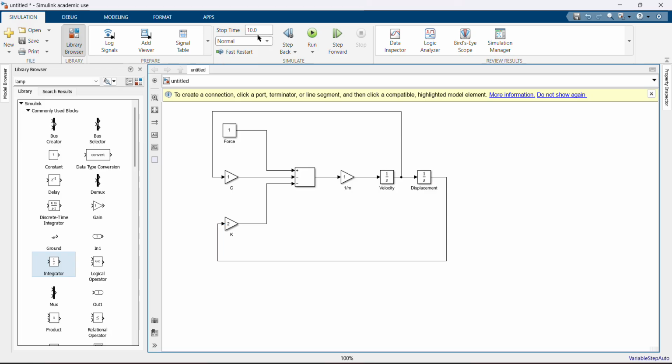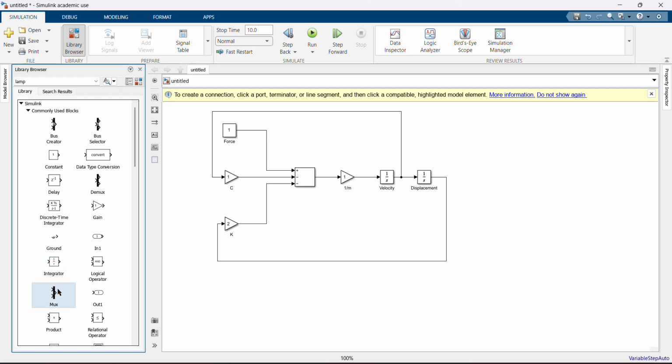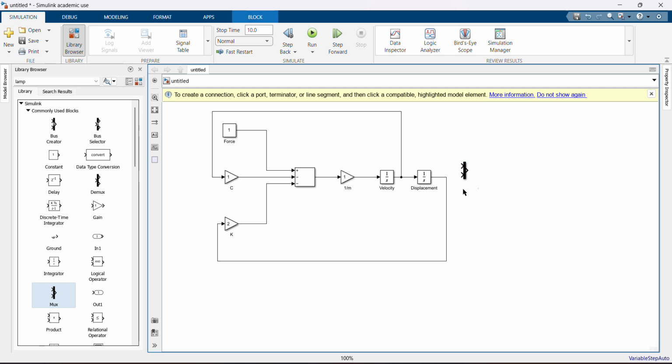Now we have almost completed the simulation. To view the output of the simulation, we can either use a mux block to combine both velocity and displacement, or we can use separate scope blocks for velocity and displacement. I'm going to use a mux block here. Like I said in my previous tutorials, a mux block essentially combines signals.